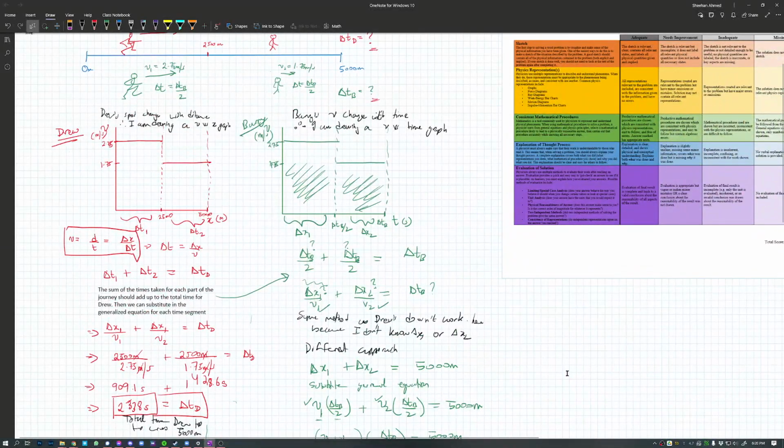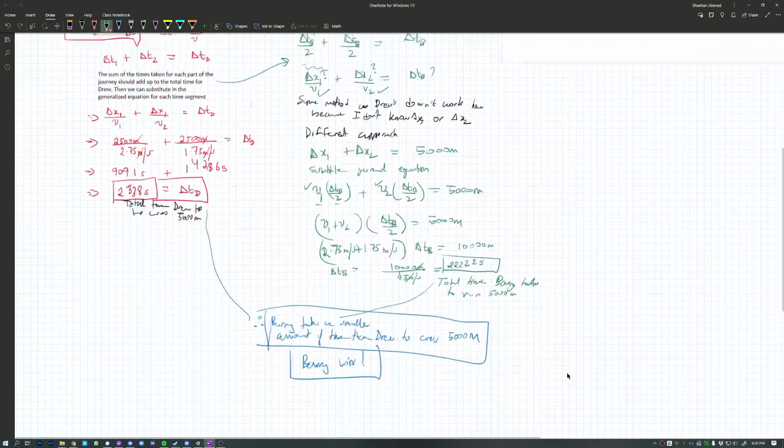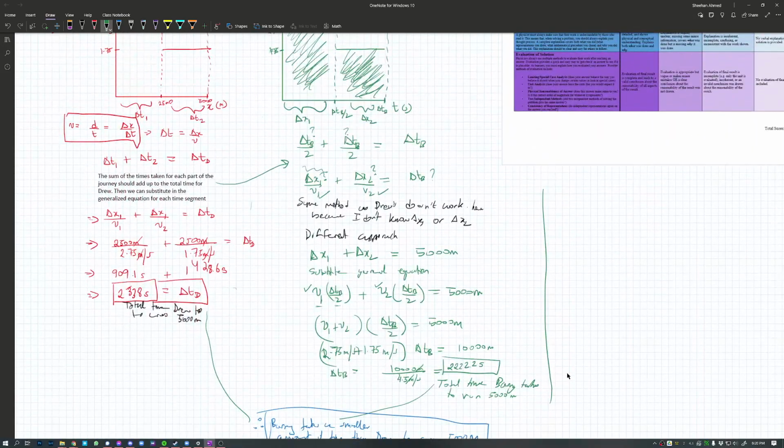Well, you know what? Let's use some of our calculus ideas. What do we call the area under a velocity versus time graph? That has physical meaning, right? So let me do my evaluation on the side over here.